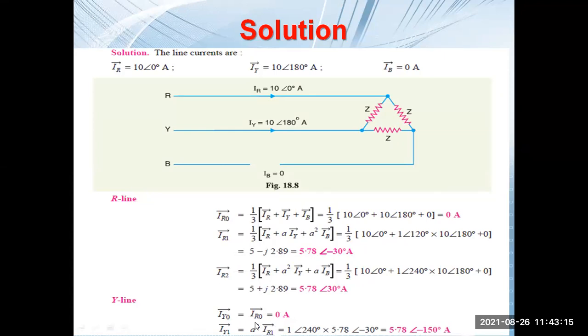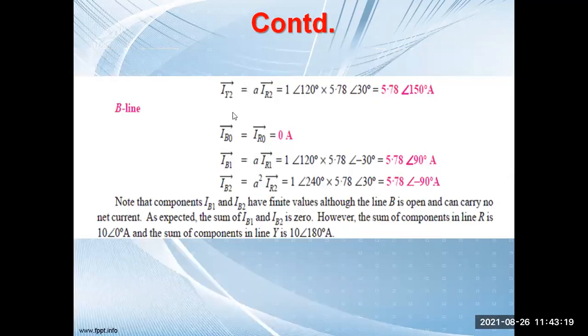Now IY1 will be equal to A square into IR1, and IY2 equals A into IR2. For B phase, IB0 equals IR0, then IB1 equals A into IR1, and IB2 equals A square into IR2. If you substitute all these, you will get the value of the B phase current.